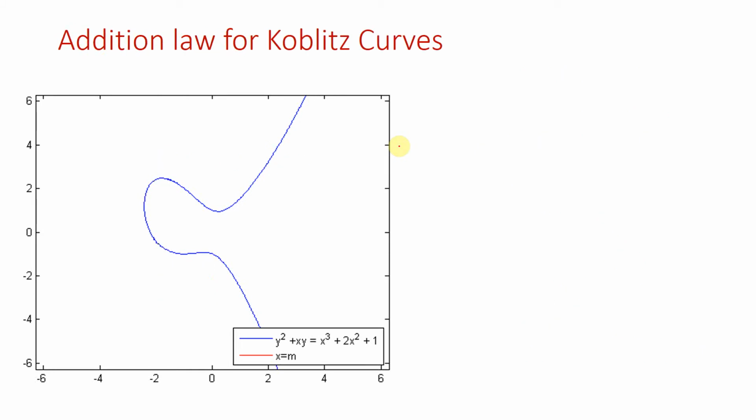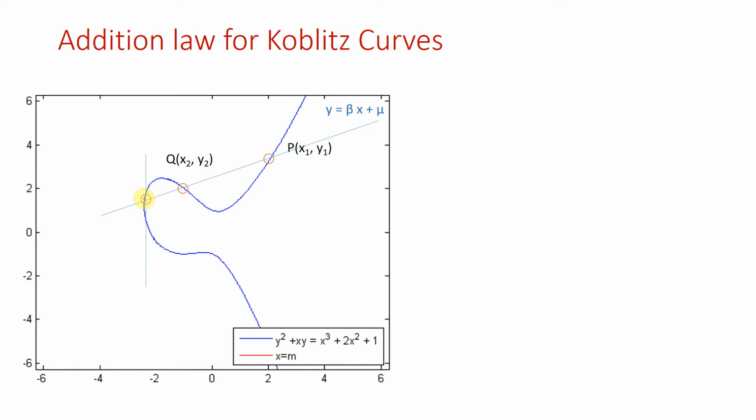Let's mention the addition law for this type of curve. Just like in the various transform, I will find two different points, and I will draw a linear line satisfying these points. This line would intersect a third point on the curve.